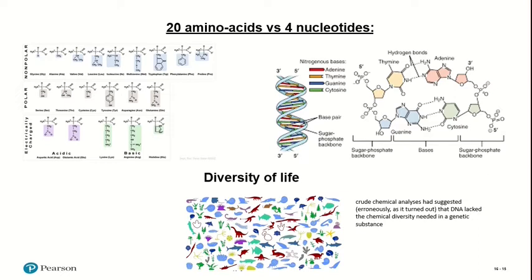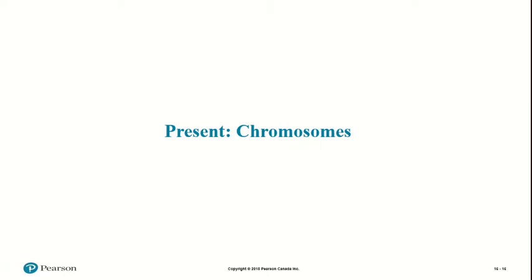And they saw that it was impossible that all the diversity of life was composed of such a simple molecule. So the genetic material was unconvincing because a crude chemical analysis suggested that DNA lacked the chemical diversity needed in a genetic substance.